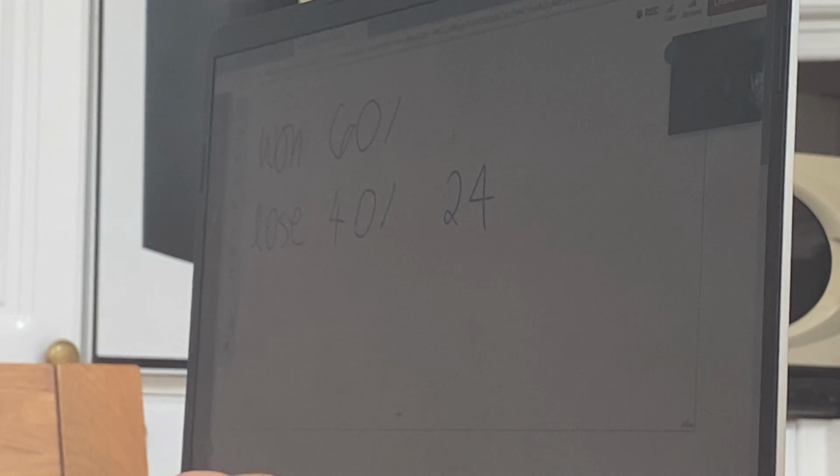20% will be 12. So add 12, it will be 60. So 36. Yeah, so 36 is 60%. So how many is the total?